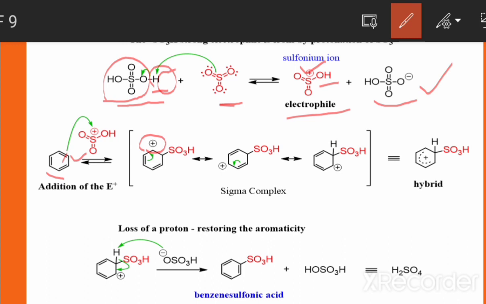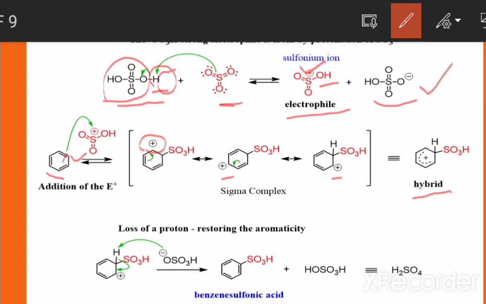This positive charge will resonate along the ring, and at last this hybrid will be formed. Then it is not in a stable condition.